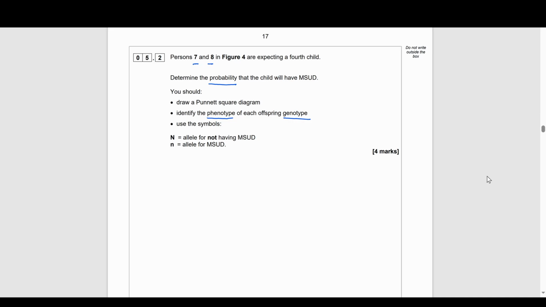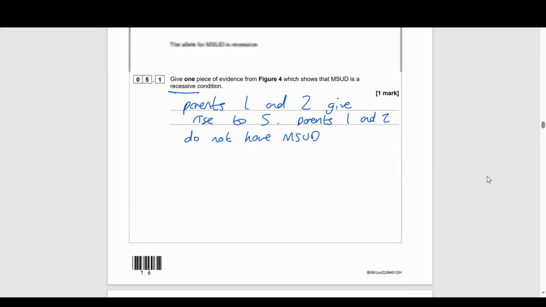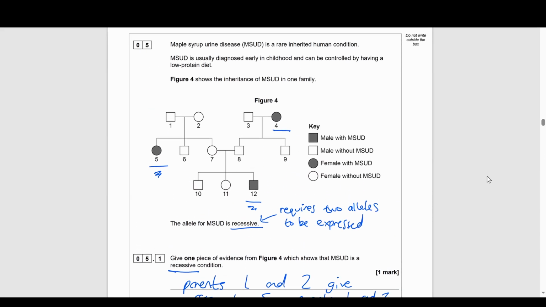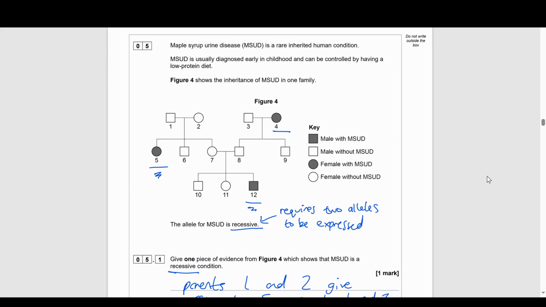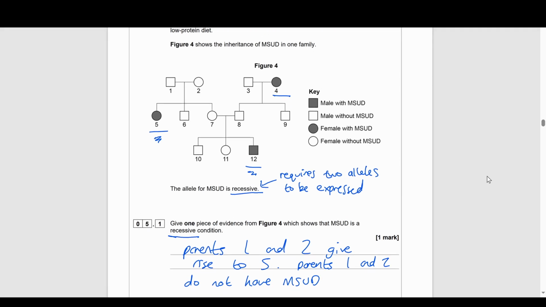Okay, so we have to go to 7 and 8. As we said before, we can use the information from the previous question to help us now, because we could have used 12 as an example in 5.1, but we didn't. We used 1, 2, and 5. But 12 has the condition.